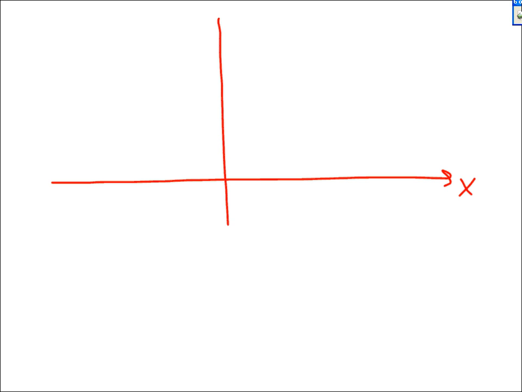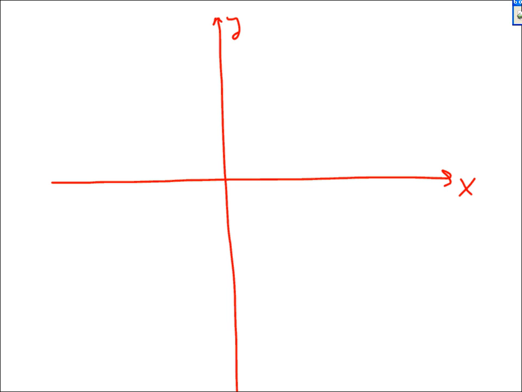Okay, now, what if I give you the graph of a line and I say, compute the slope? Or I'll give you 2 points on a line, and I'll ask you to compute the slope. Here is your x-axis and your y-axis.